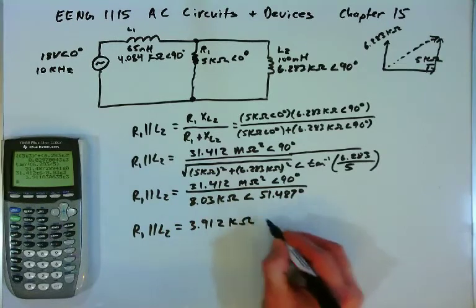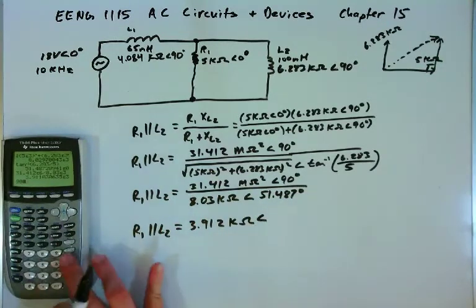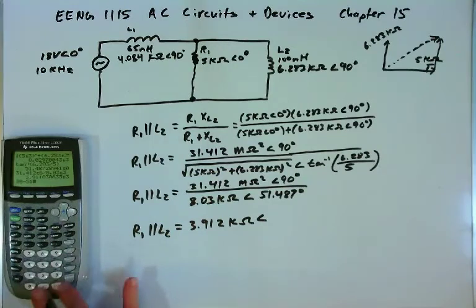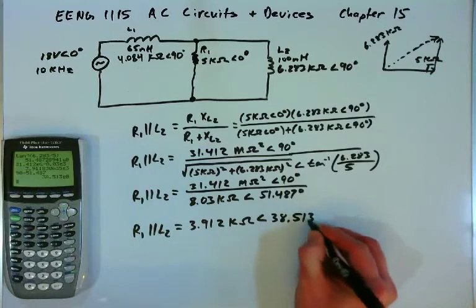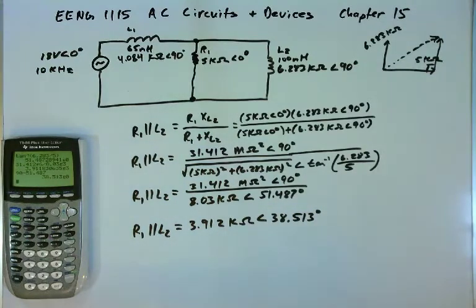Ohm squared divided by ohms is ohms, and the angle will be 90 minus 51.487. So we have 38.513 degrees. So that is the combination of R1 in parallel with L2. That is all in series with L1, and so we're ready to find the total impedance.